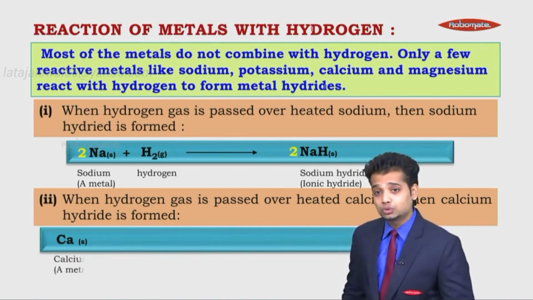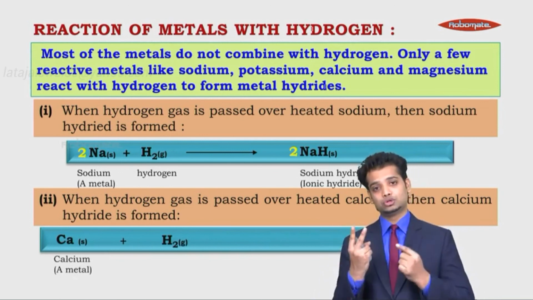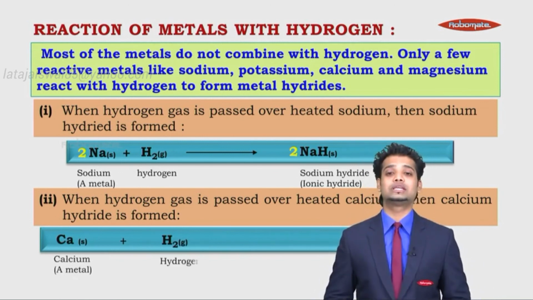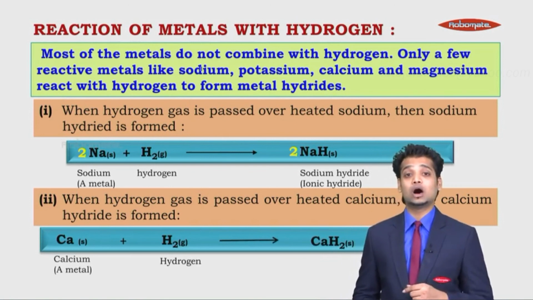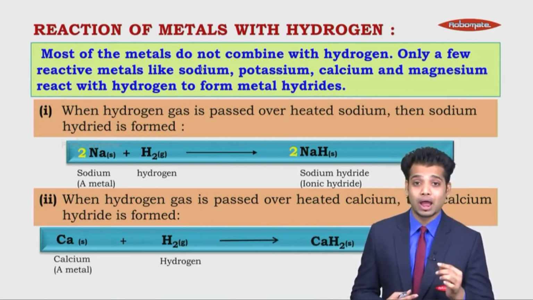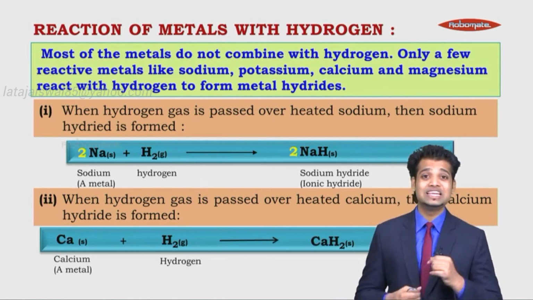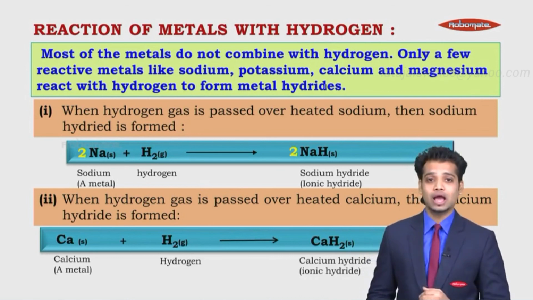Ca reacts with H2. Ca valency is 2, H valency is 1, crisscross CaH2, and that is how metals react with hydrogen to form sodium hydride, calcium hydride, potassium hydride, and magnesium hydride. These all are ionic hydrides.